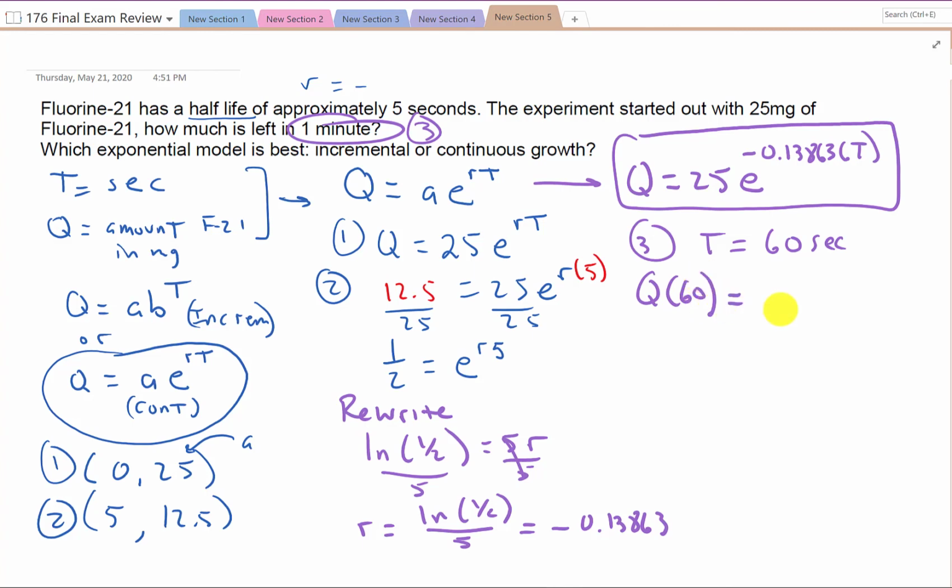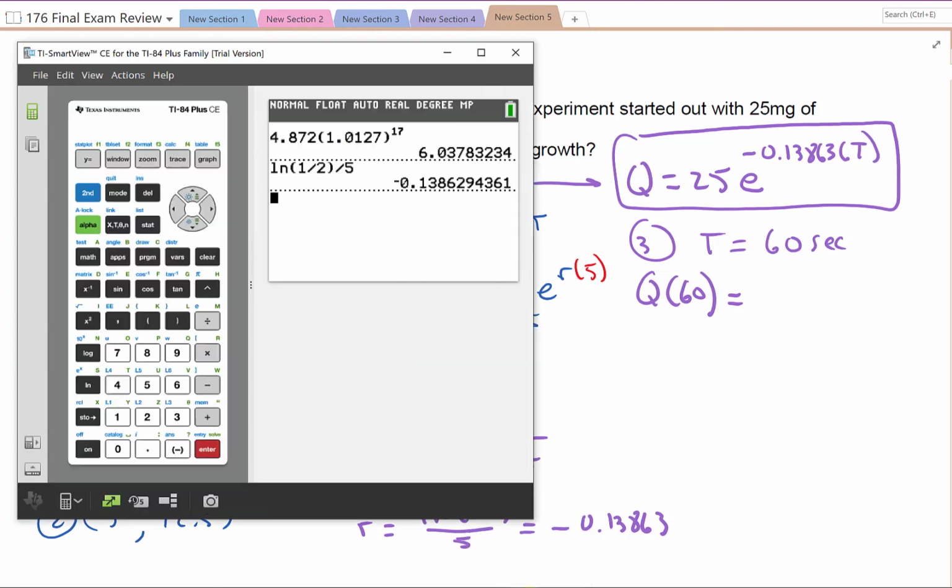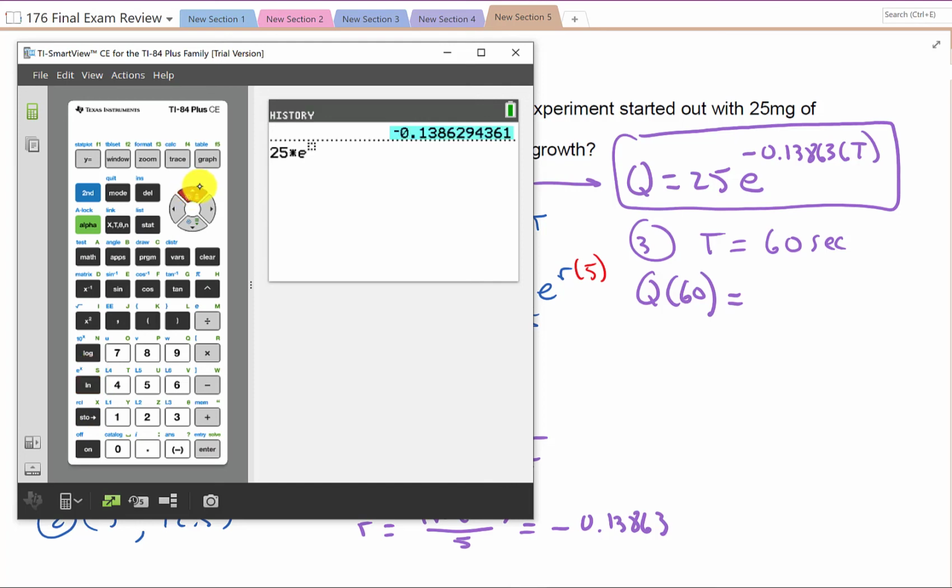And now it's just a ton of calculator work. So if we go 25 times e raised to the, oh, I need that number there.